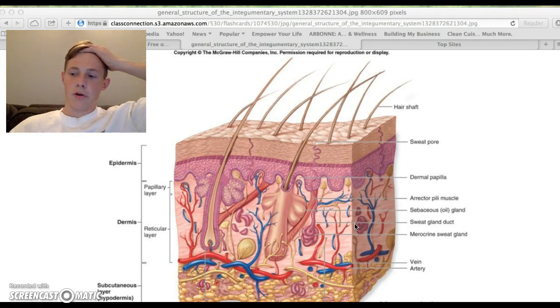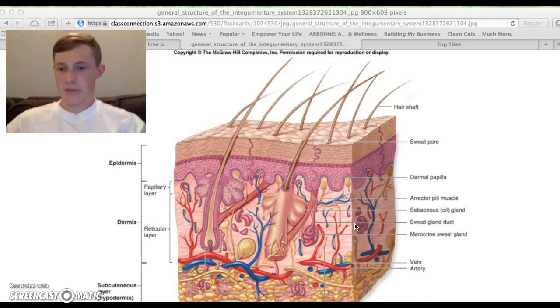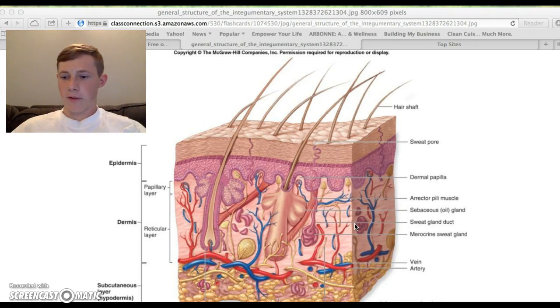This is actually longer in Asian people than it is in most other races. Then we have the catagen phase, which is a short transition that lasts about 10 days. And then the telogen phase, which is the resting phase when hair begins to fall out and die. Well, it's already dead, but then it's gone.